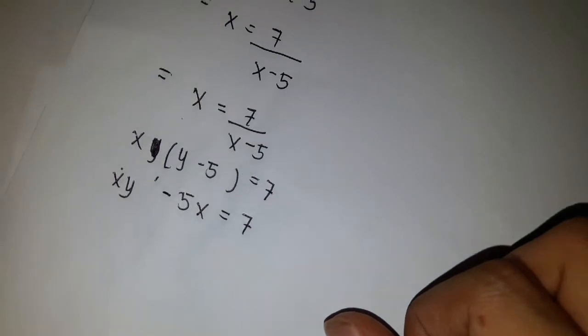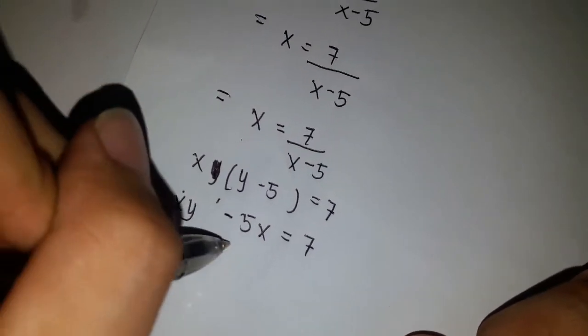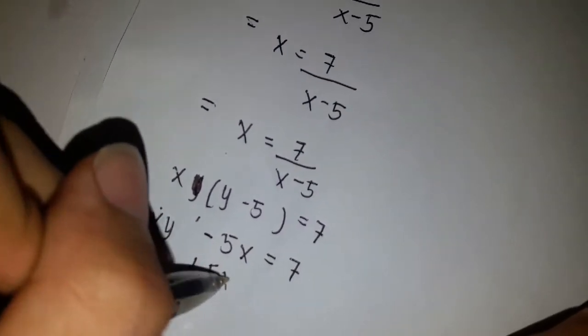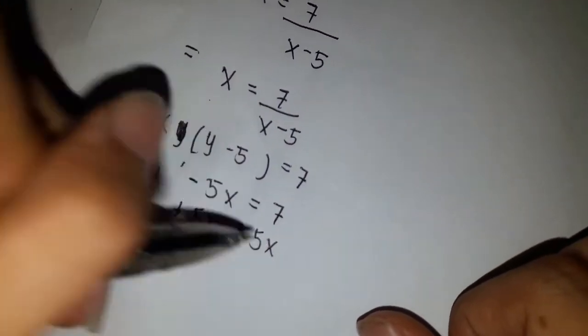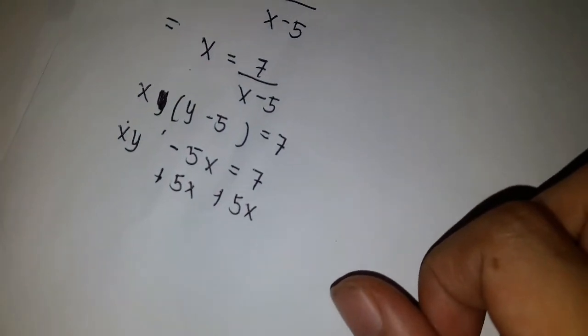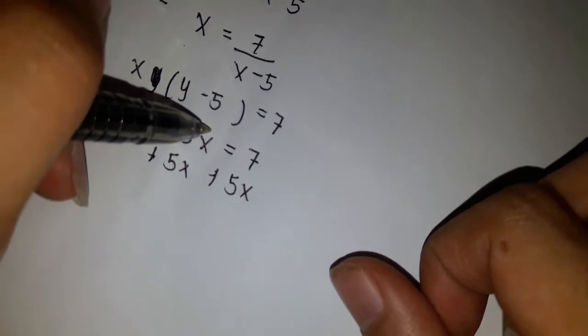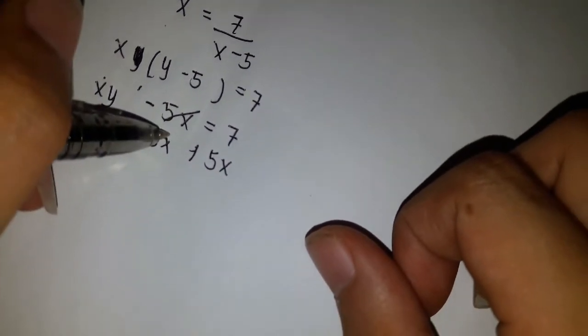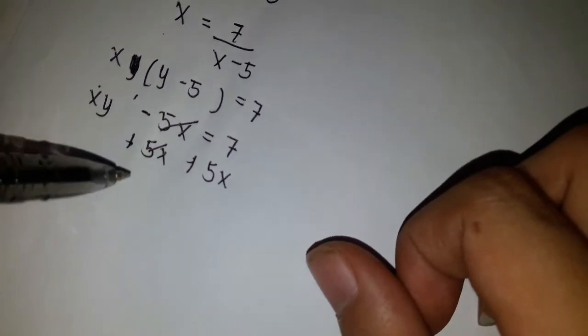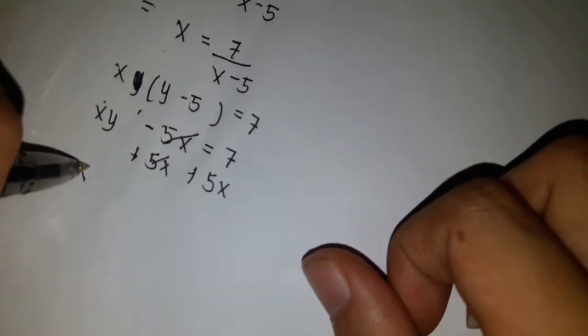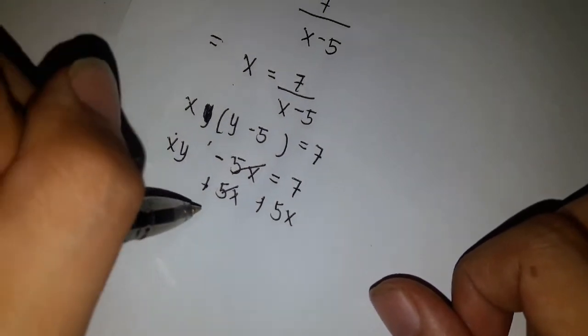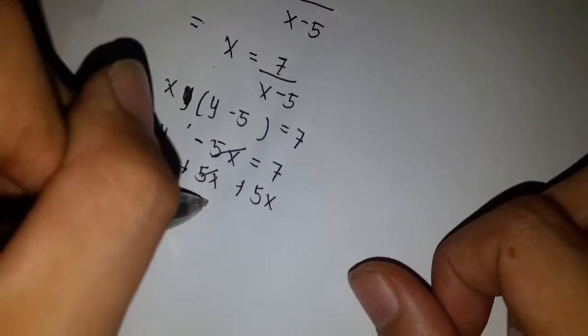Let's change the sign, plus 5x on both sides. We cancel this out, and here is the result: xy equals 7 plus 5x.